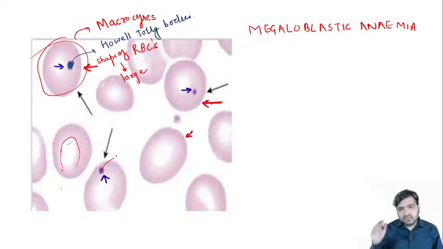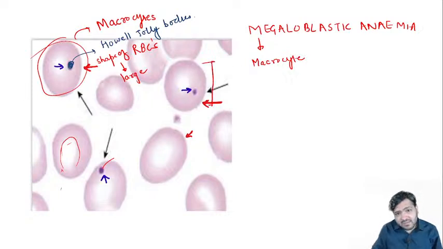So in megaloblastic anemia, you will be able to appreciate the macrocytes, guys. You can see the size of the RBC is basically enlarged. These are the macrocytes which are displayed on this particular screen. Along with these macrocytes, you can appreciate the normal RBCs which contain the central pallor area.